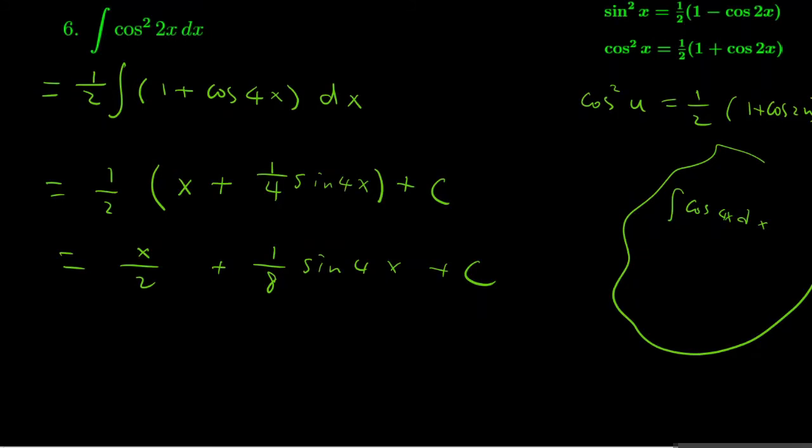We mentioned before, it's always possible to check your answer by taking the derivative of your answer. If the derivative of your answer is the integrand, then the answer is right. Okay. That's number 6.